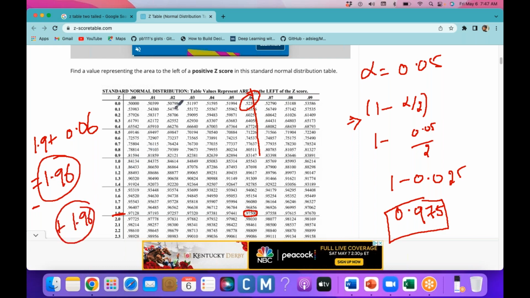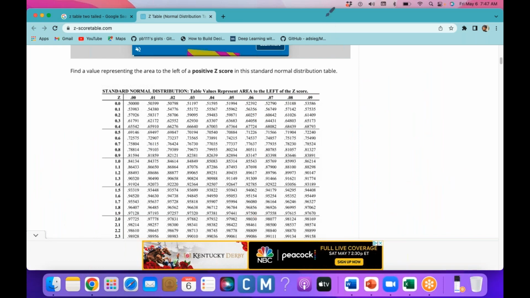Same thing. If it is a one-tailed test, it will be very simple. For a one-tailed test, you're not modifying the alpha value at all. 1 minus alpha, in the sense 0.95, on which range do we have it? 0.95, 0.95. Yes, this range.